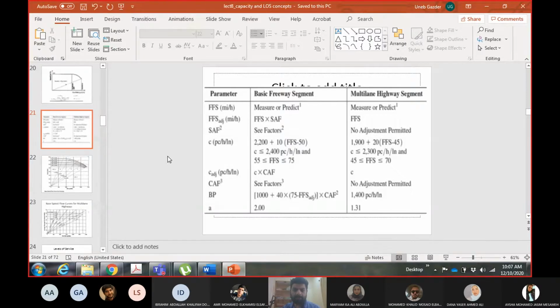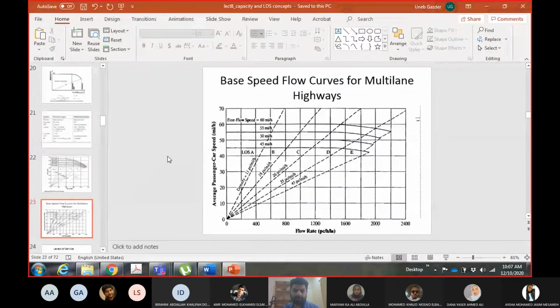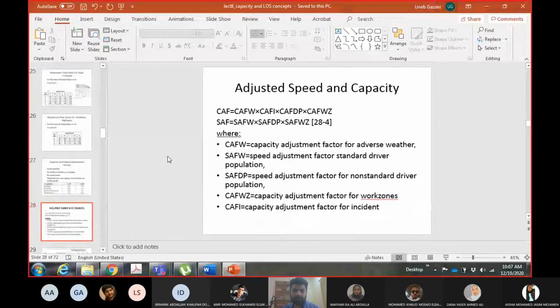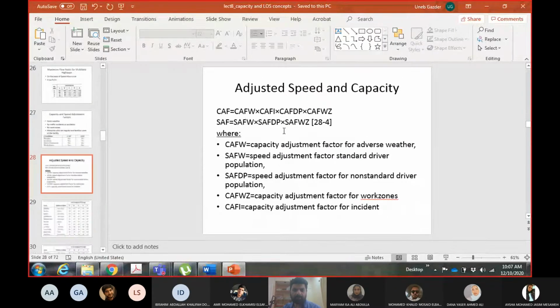You see these are the adjustment factors for work zone, for weather, for driver population, and for incident. None of these things are mentioned, which means these adjustment factors are not required. They will be required if I tell you there's a work zone, or an incident, or the weather conditions are not good.